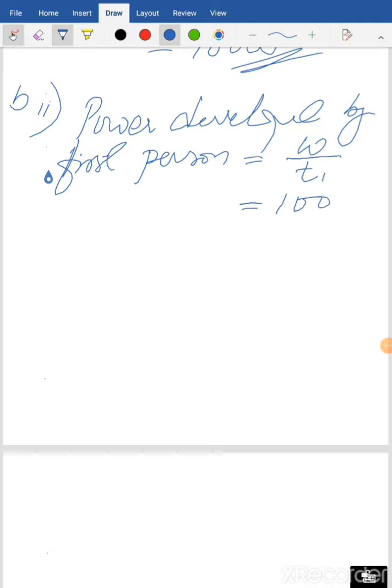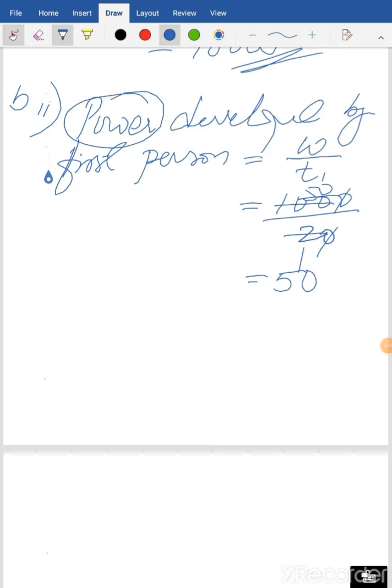W here is 1000 divided by the time taken by the first person, which is 20 seconds. So 0 gets cancelled. 2 ones are 2, 2 fives are 10, so I'll get 50. Since this is power, the unit will be watt, 50 watt. So the power developed by the first person is 50 watt.